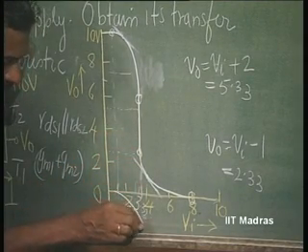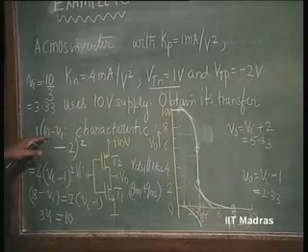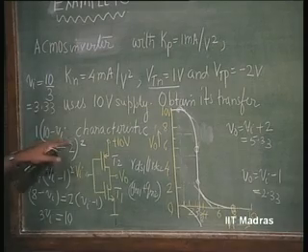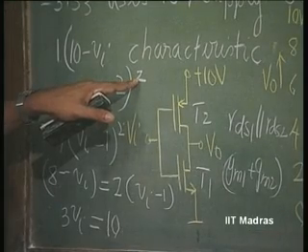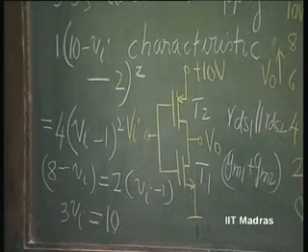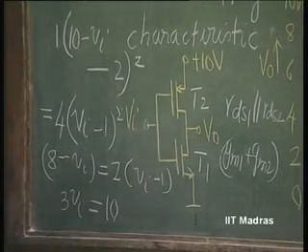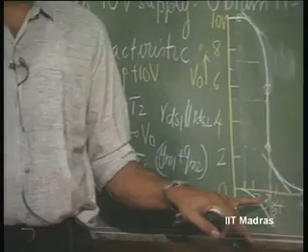We will draw the current plot. The value of this is (8 minus 3.33) whole squared, so many milliamperes. How much is it? 8 minus 3.33 whole squared, that is 22.1 milliamperes. So, a substantial amount of current flows.